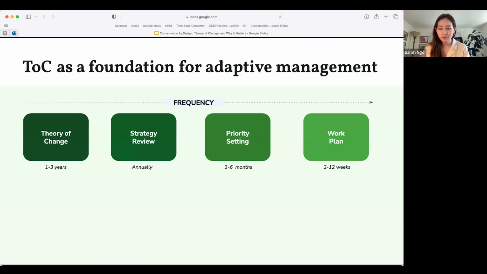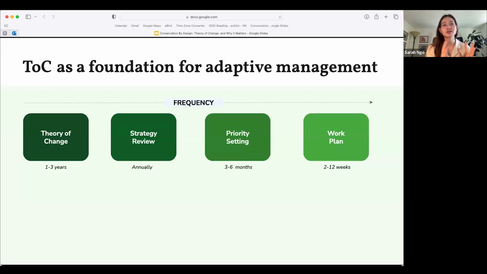The final why theory of change matters theme I wanted to touch on is just theories of change as a foundation for doing adaptive management. And when we think about what adaptive management really is, I've broken out different potential places for adaptive management into different levels of frequency.